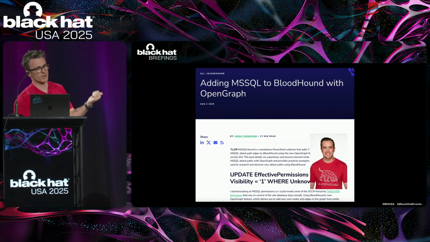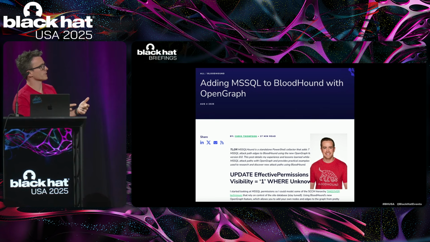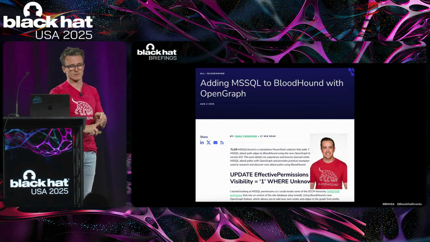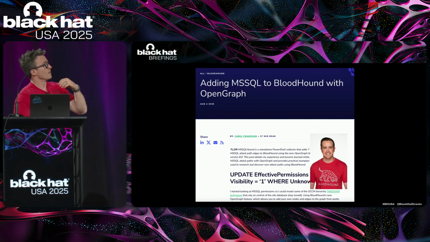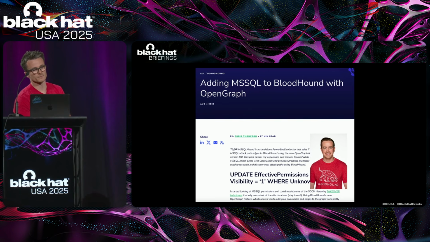So now it's under a bit of a microscope. Chris Thompson published a blog where he developed a BloodHound collector focused entirely on MS SQL and analyzing the permissions associated with it. I'm not sure if you've ever tried to look at MS SQL permissions. It can be a mess, but this has made it easier, so it's going to be much more accessible to users to dig into this.